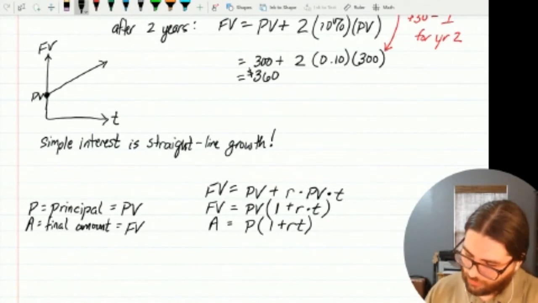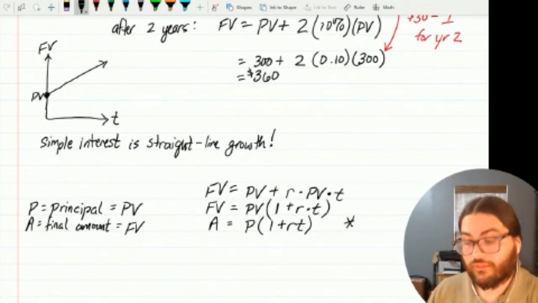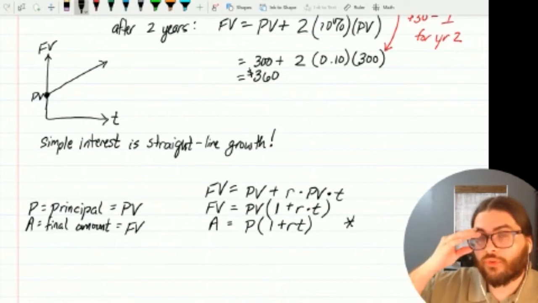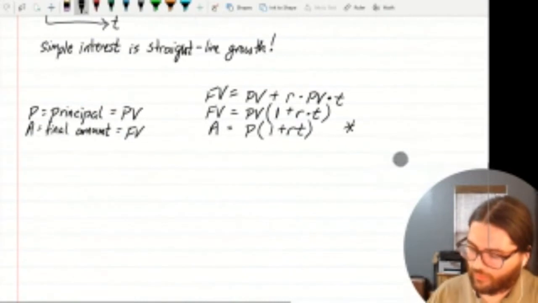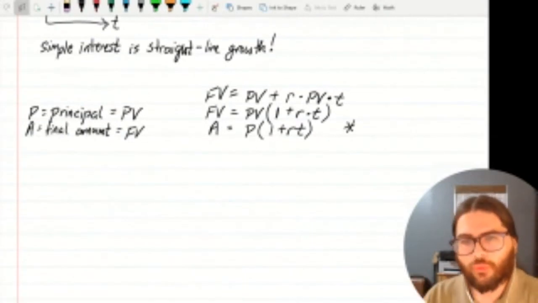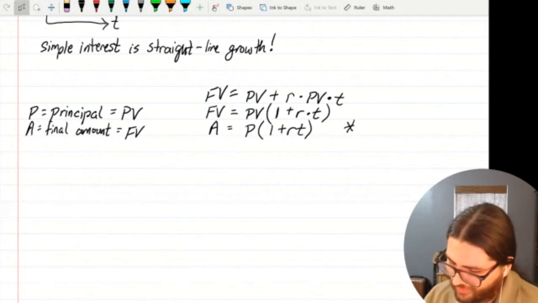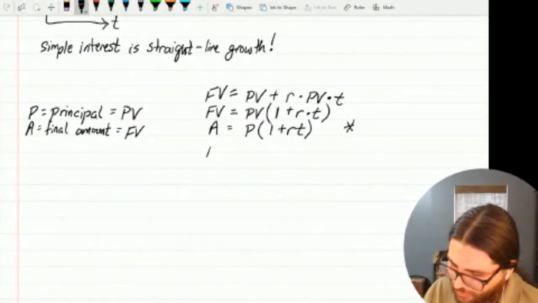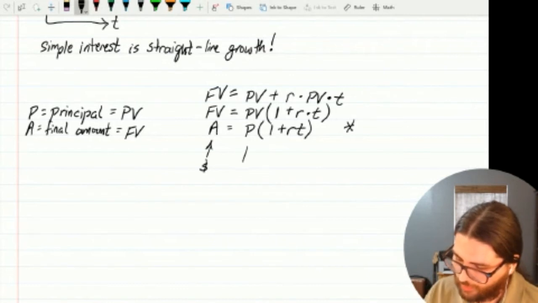So this is probably the version of the formula you find in your textbook and online. A equals P times 1 plus RT. But we still have to be careful, even with this nice, convenient formula, right? Because in this case, the A is going to be measured in dollars, usually. The P is going to be measured in dollars.